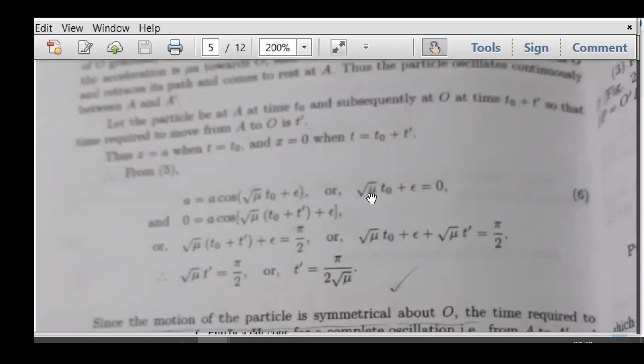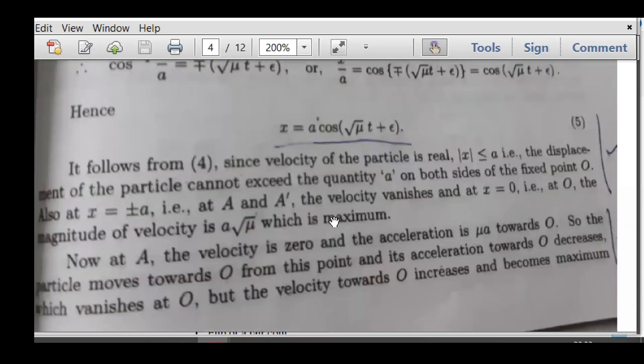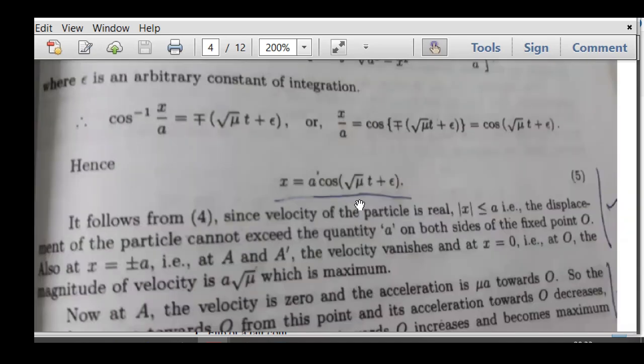You just put it here and get this quantity. Putting x equals a and t equals t0, and again using this one you get this thing, because if this is a solution, then it is going to satisfy any position at any time for the whole journey of the simple harmonic motion.